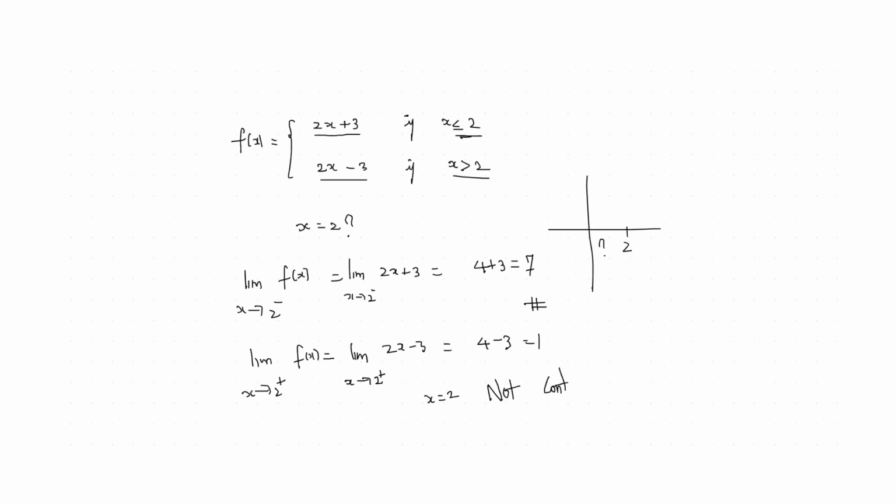So we will work this in a graphical way. This is 2. So y equals 2x plus 3. If x equals 0, I get 3.